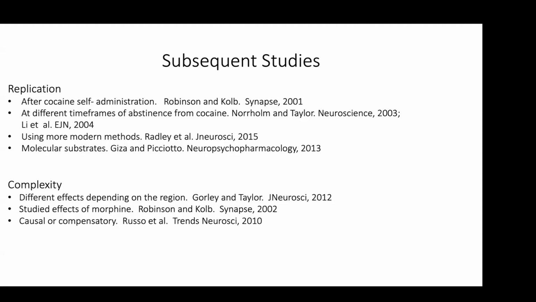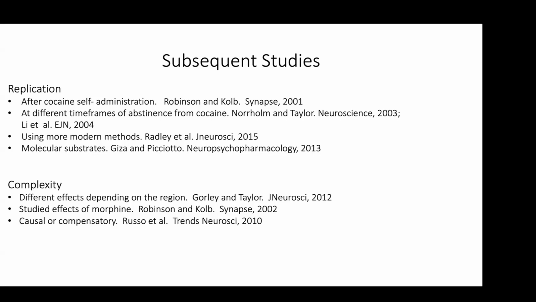At the same time that they replicated all of these results, the different investigators saw significant complexity in the findings. For instance, they saw different effects depending on different subregions of the prefrontal cortex. They saw increased branches and number of spines in the medial prefrontal cortex, but in the orbital prefrontal cortex, they saw a decrease.